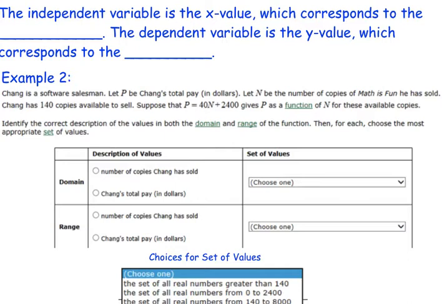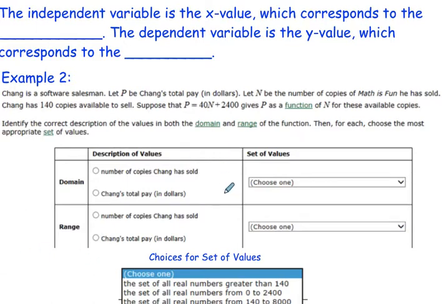So on this slide, we have some definitions to fill in at the top. The independent variable is the x value, which corresponds to the blank. And then the dependent variable is the y value, which corresponds to the blank.